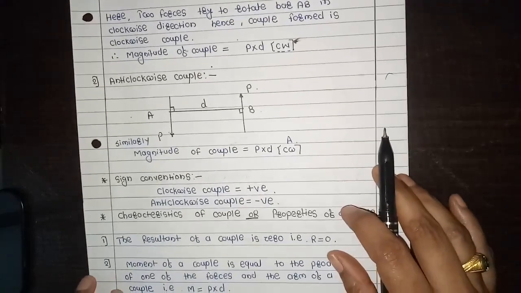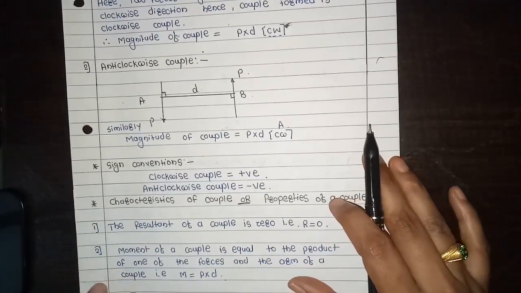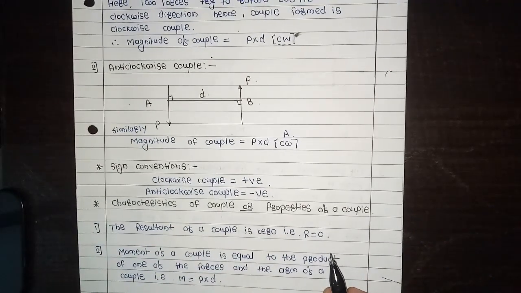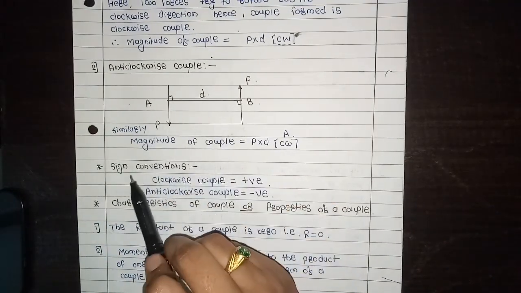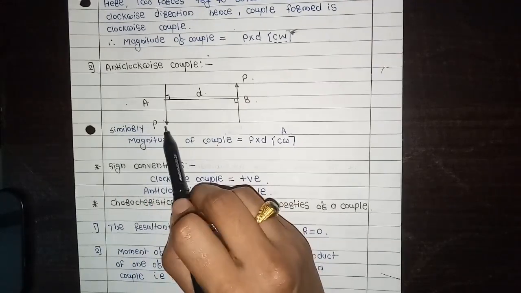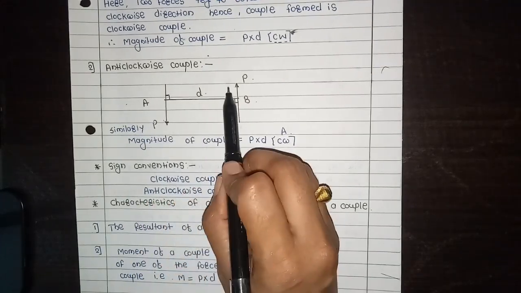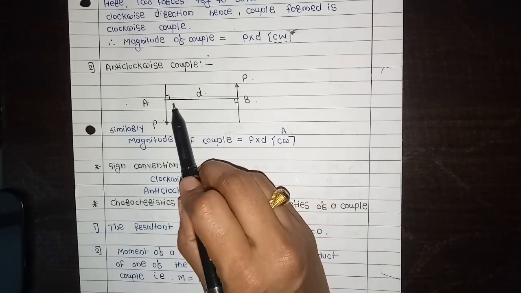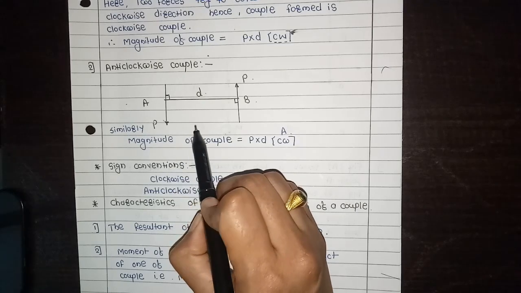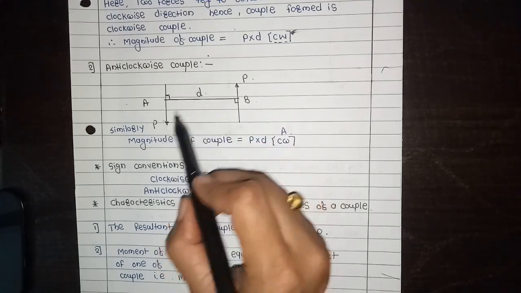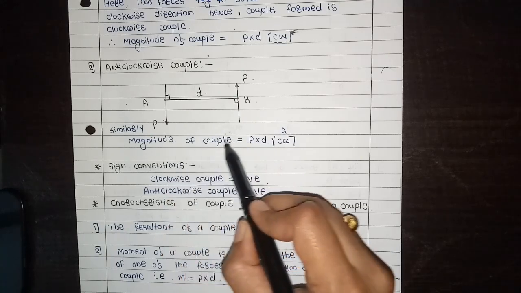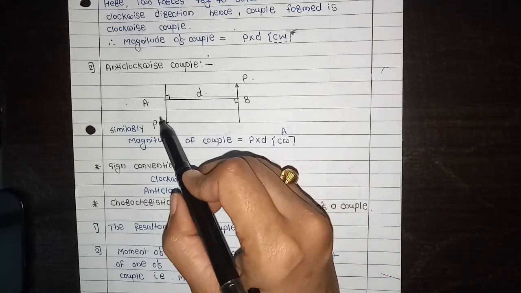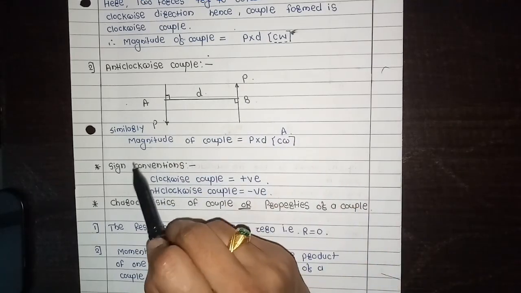And second is the anti-clockwise couple. If two unlike, parallel and non-collinear forces of same magnitude try to rotate the body in anti-clockwise direction, the couple is anti-clockwise in nature.